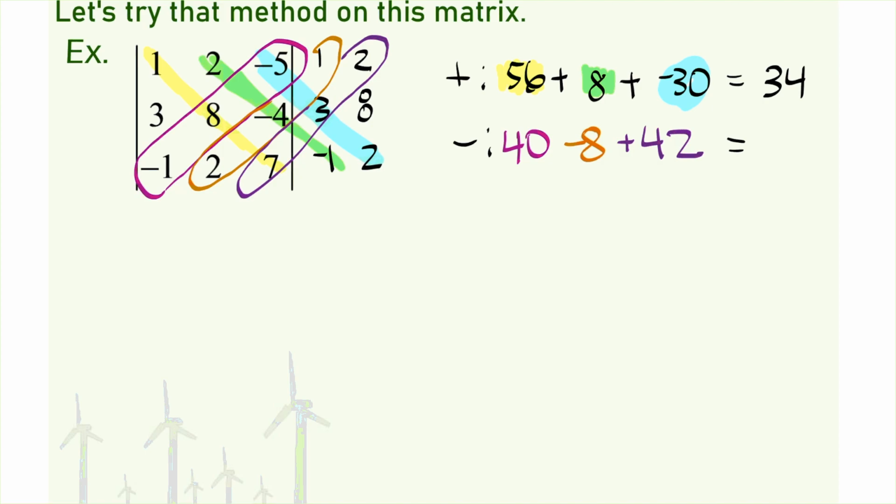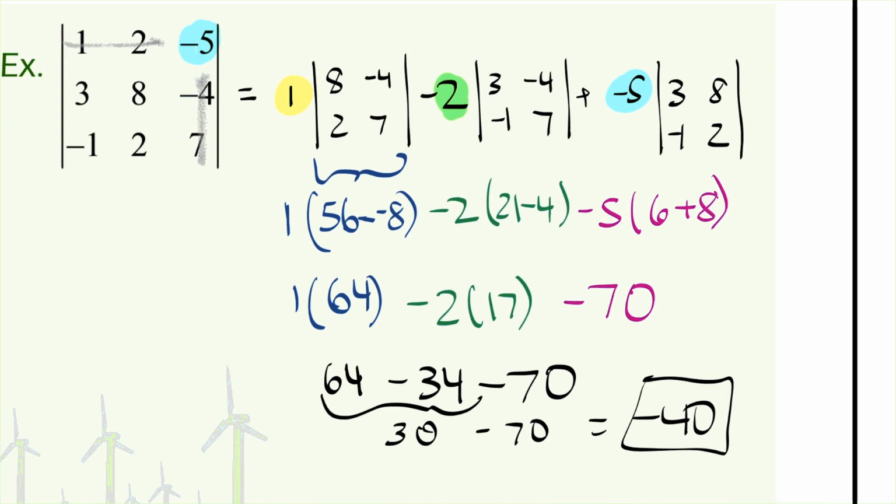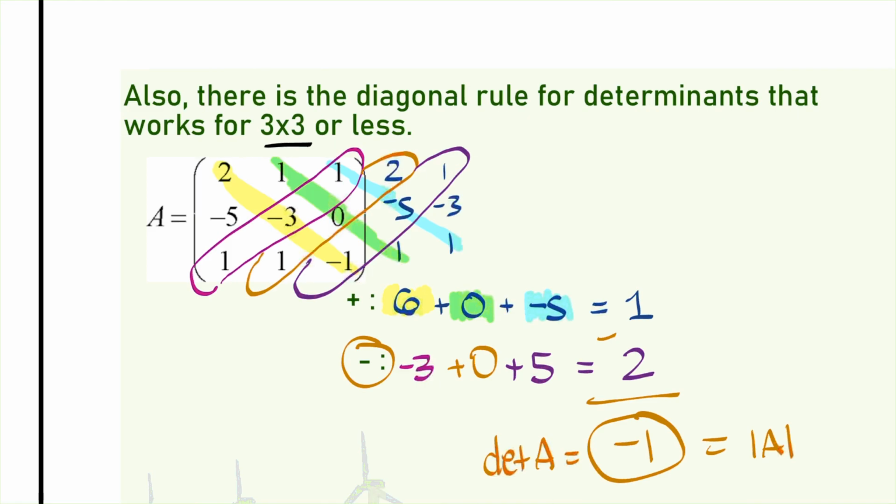So now if I sum these up, I get 82 minus 8, that's going to be 74. And again, it's the main diagonals minus the subsidiary diagonals, it's -40. And I think if we remember from the cofactor method, we got -40 there. Same.